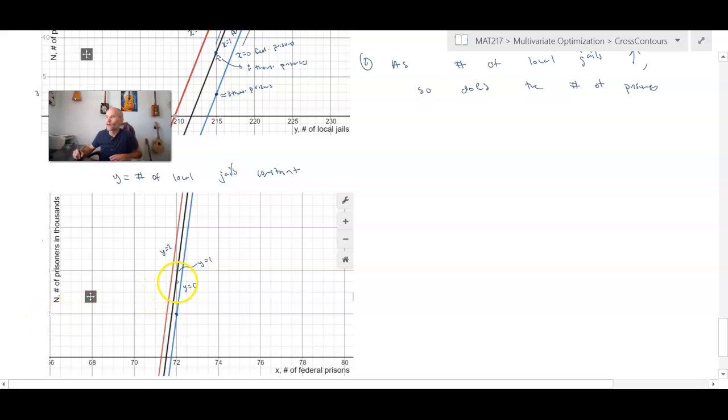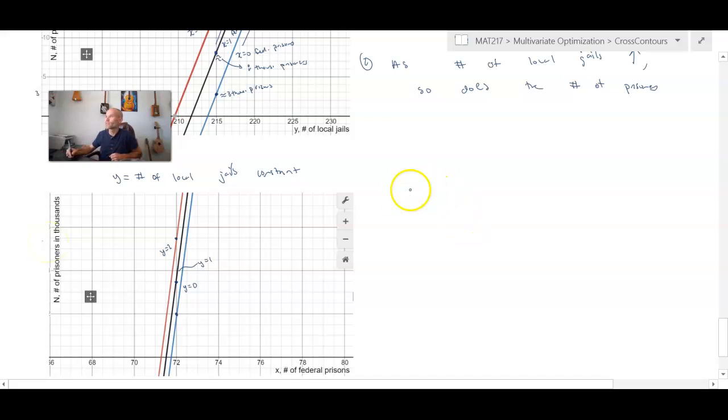For 72 federal prisons but 1 local jail, you can now house about 3,500 prisoners. For 72 federal prisons and 2 local jails, you can house about 5,500 prisoners.